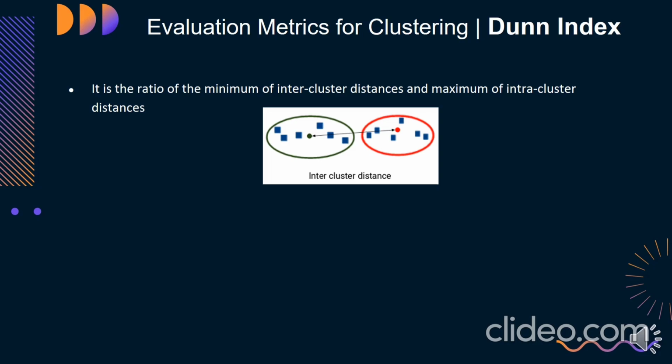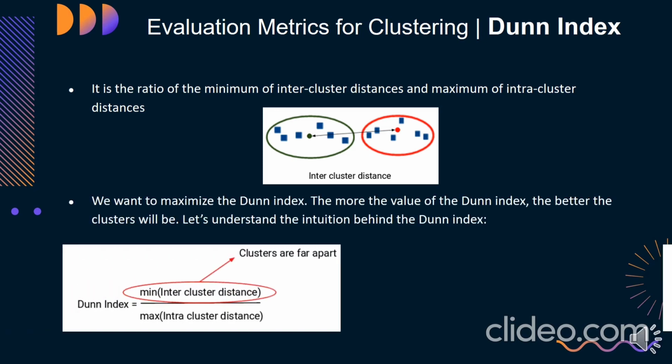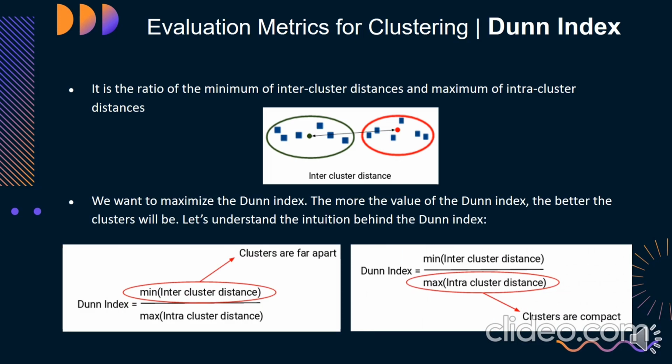Let us understand the intuition behind it. In order to maximize the value of the Dunn index, the numerator should be maximum. Here we are taking the minimum of the inter-cluster distances, so the distance between even the closest clusters should be more, which will eventually make sure that the clusters are far away from each other.